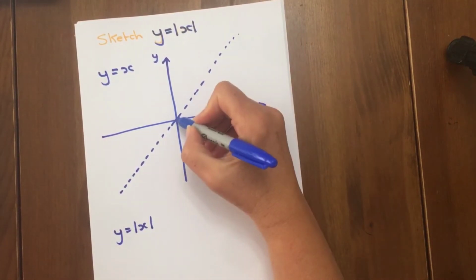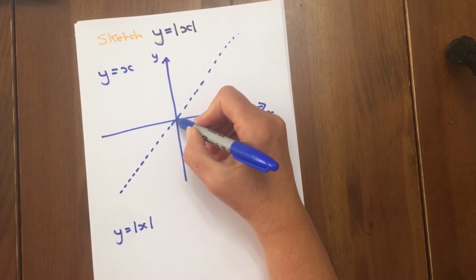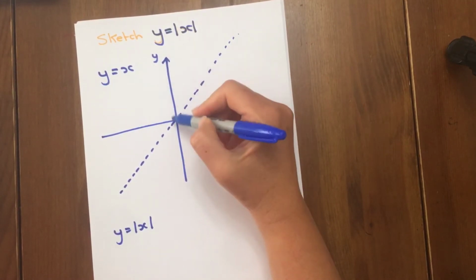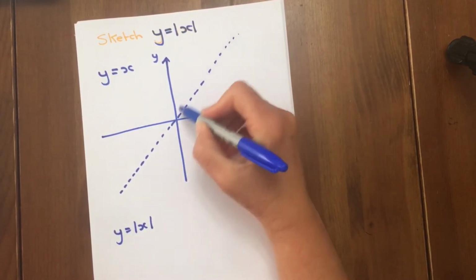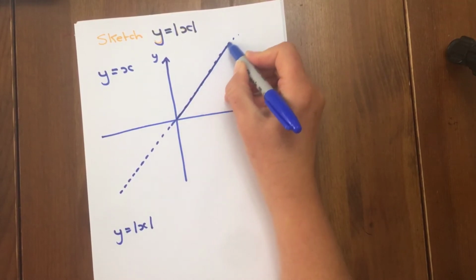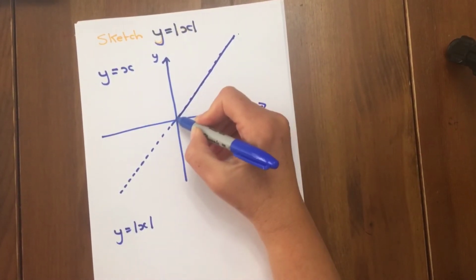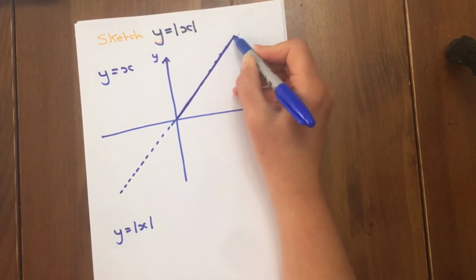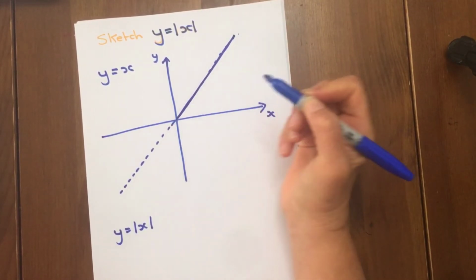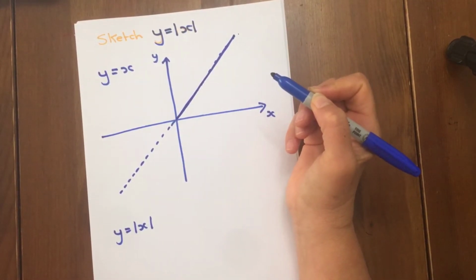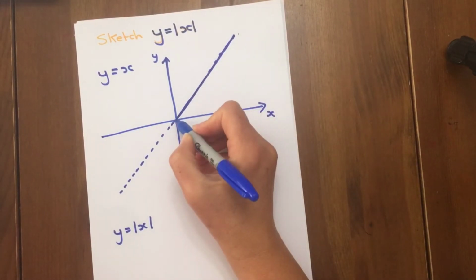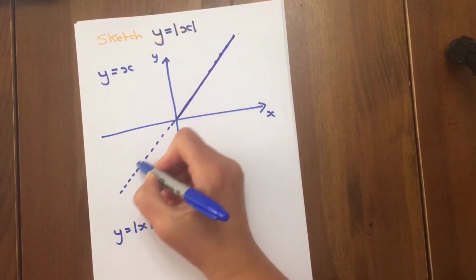Now, this part of the graph, all of the y values are positive. In fact, all the x values are also positive. So this must belong to my line y equals modulus of x. Let's look at what happens when the y values are negative.